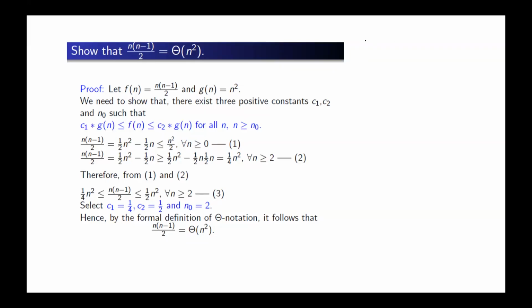What I am saying is, if 70 into n cube plus 8 into n square plus 9 into n plus 20 is big omega of n cube, here easily we can give constants, no? What are the constants that we can give in this case?